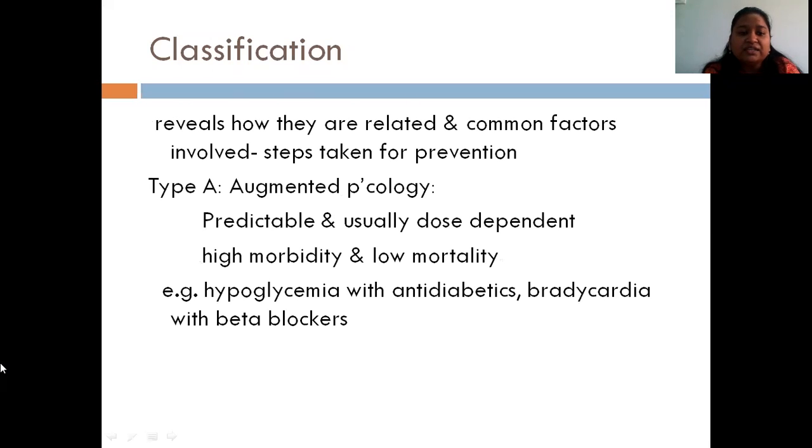For the seriousness criteria, patients are classified as serious if they have death, congenital anomaly, hospitalization or prolonged hospitalization, or congenital birth defects. These are the criteria by which cases are classified as serious.